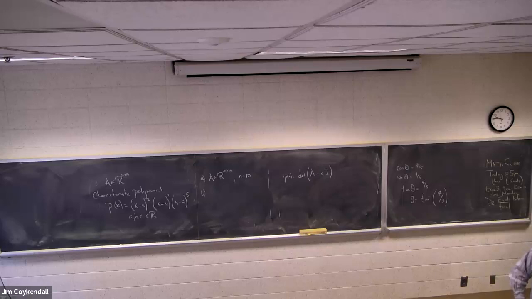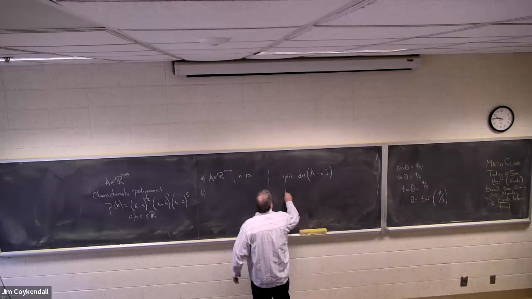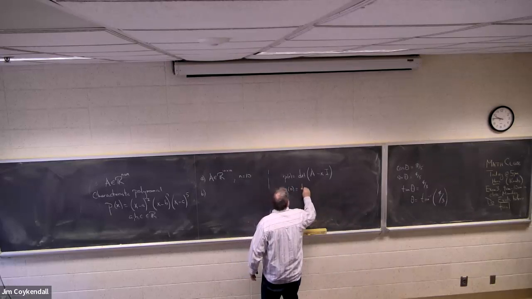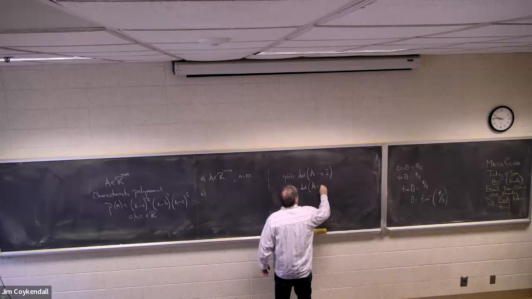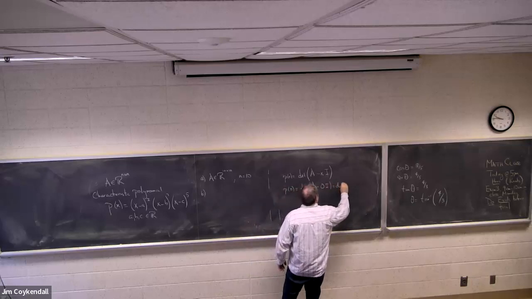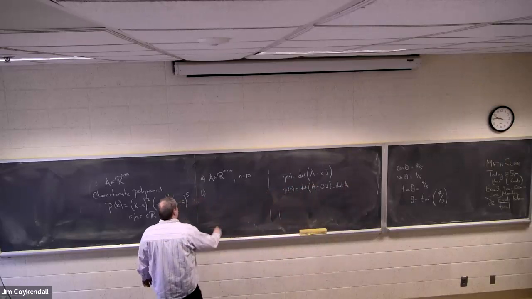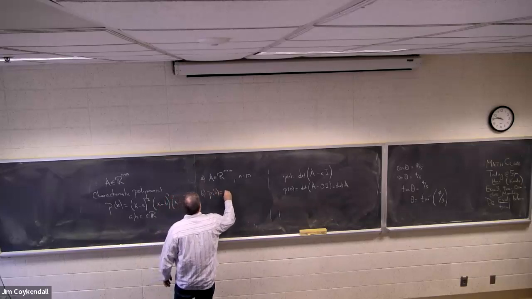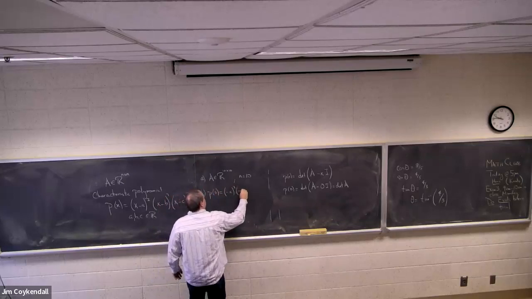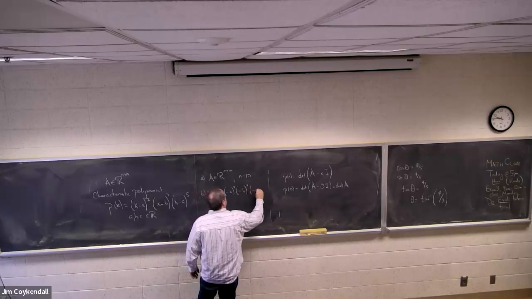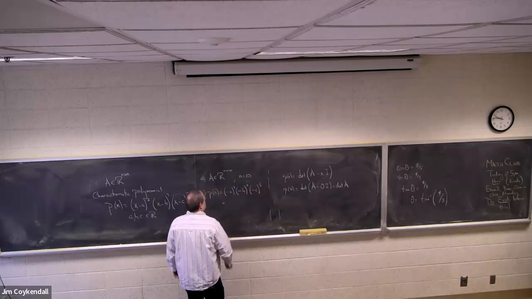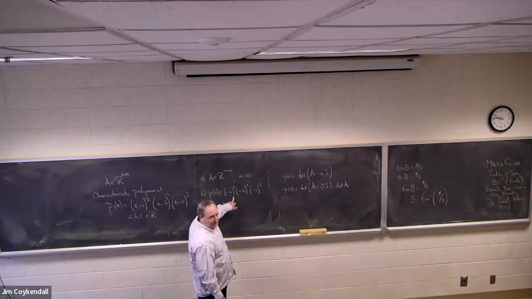Is it a squared times b cubed times c? You gotta be careful about the signs, but you've got minus 1 to the third.